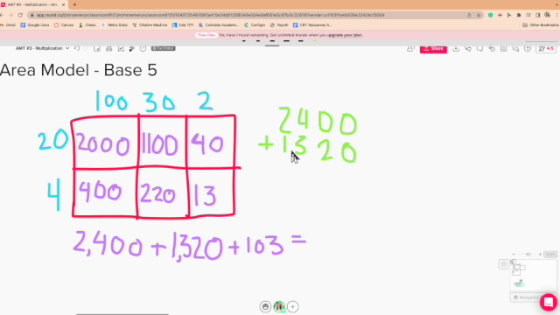That's a funky 3. Plus 1, 0, 3. All right. Whoa. I am losing it here. Base 5 gets me feeling all kinds of whack. All right. So we have 0 plus 3 is 3. 0 plus 2 plus 0 is 2. 3 plus 1 is 4.